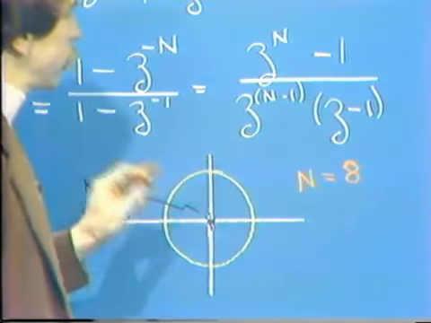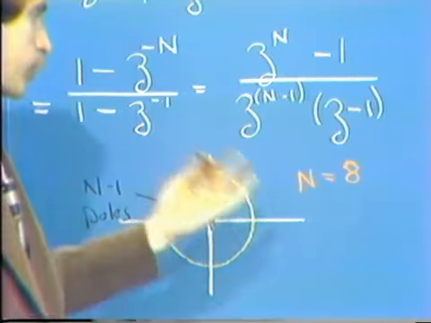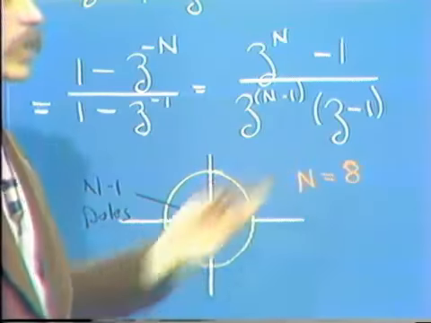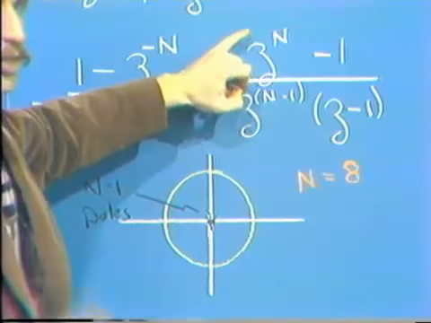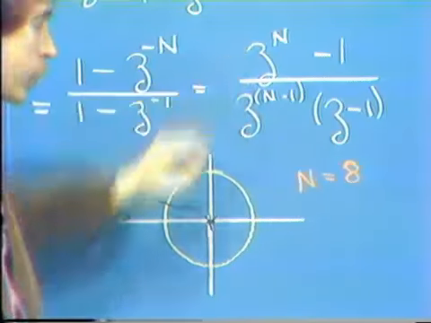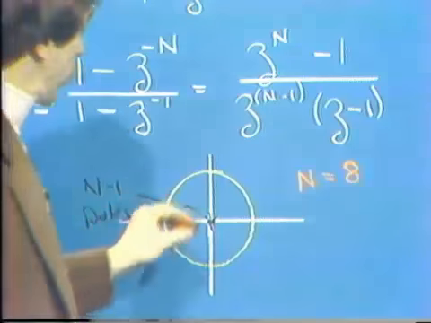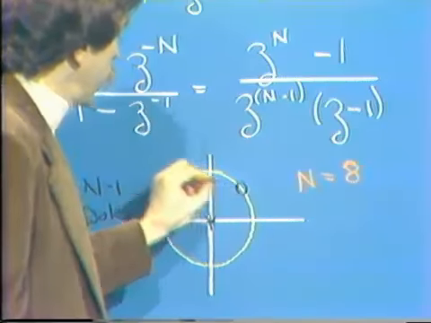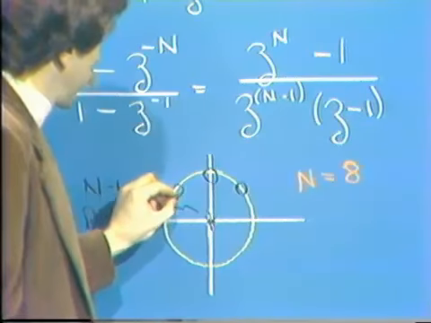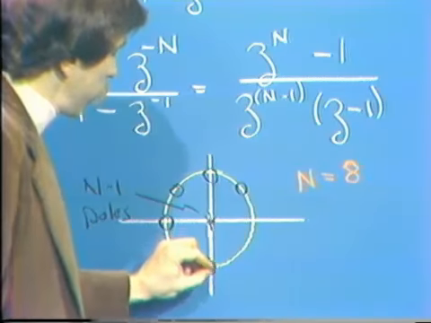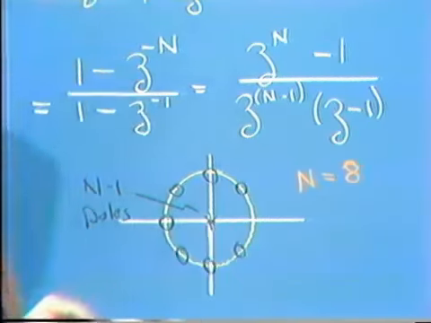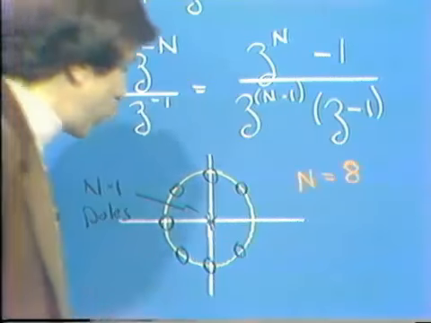If we look at the other zeros, then let's take a specific case, that is N equals 8. We'd expect to see 8 zeros, except for the one at z equals 1 that got canceled out. So there's 7 left. One there, there, there, there, here, here, and here. Then there was the one at the origin.